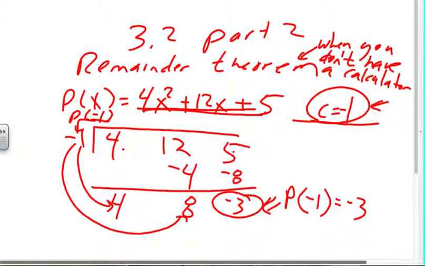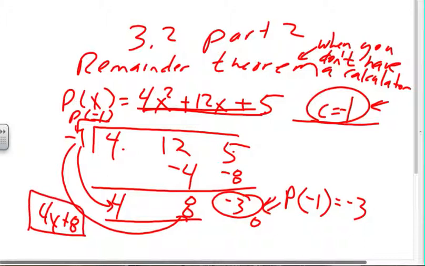Now, if the remainder was 0, that means this factor, which would be 4x plus 8, would be a factor. And that ultimately leads to what I want to talk about next, which is the factor theorem.